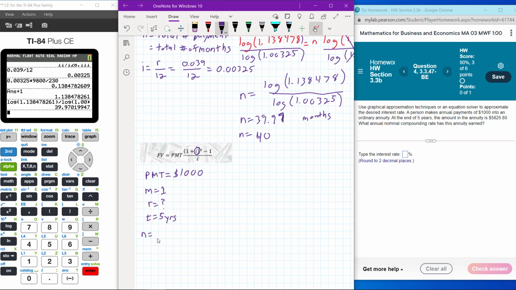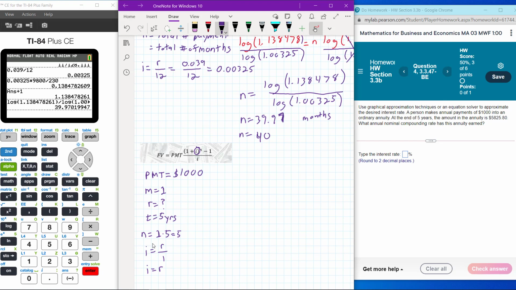N is going to be equal to M times 5, or just simply 5. N is equal to 5. And now remember, I is equal to R divided by the compounding frequency, which is 1. So in this case, I is equal to R. So when we find I, we find R.